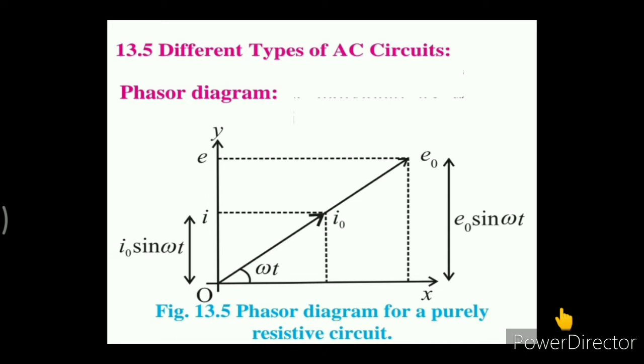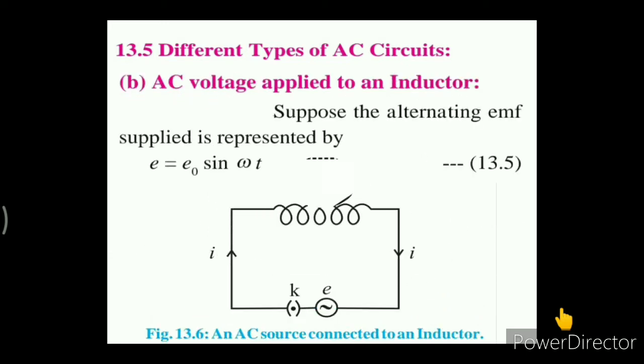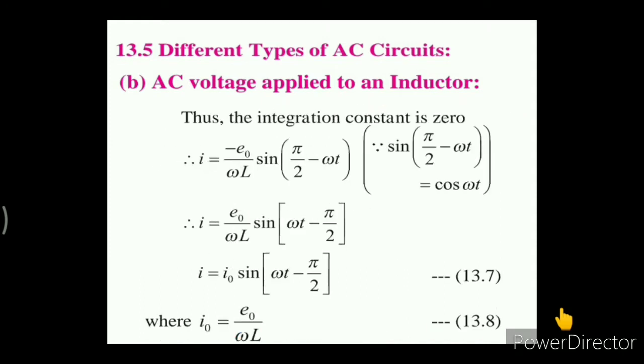Then next, we had seen the application of AC to a pure inductor, and we had determined the instantaneous value of the current when the inductor is connected across the AC supply.